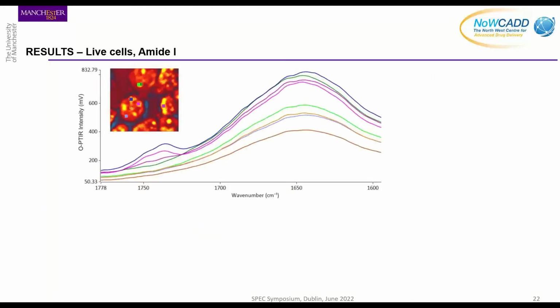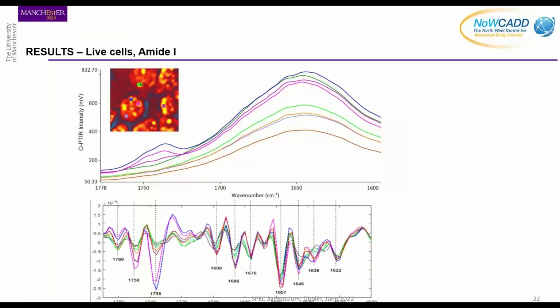So I spoke a lot about the amide 1 vibration and about the consistency of the second derivative bands, because in the fixed cells, what happens when you go to the live cell, when you've got water that completely dominates that region of the spectrum, in a normal experiment like the ones that we have done in our own lab or at the synchrotron.